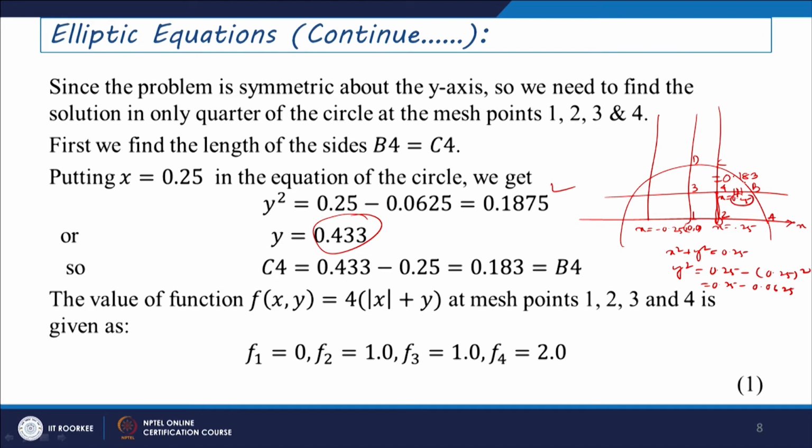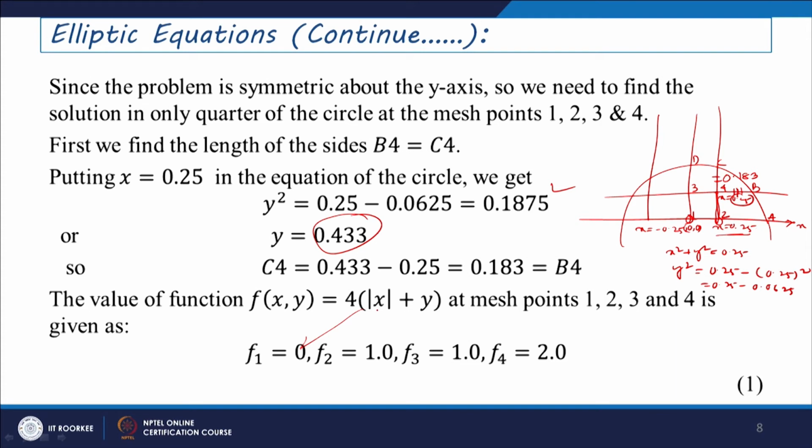And the value of the function f of x y is given as 4 into mod x plus y at the mesh points 1, 2, 3, 4 here. If you see here, point 1 is taken as 0, 0 there. So, at point 0 here, this will take the 0 value there. So, f1 is 0. And if you go for the f2 point here, f2 is nothing but x equals 0.25 here.